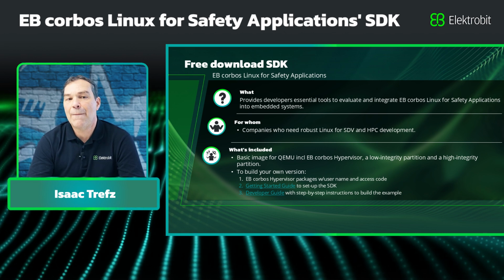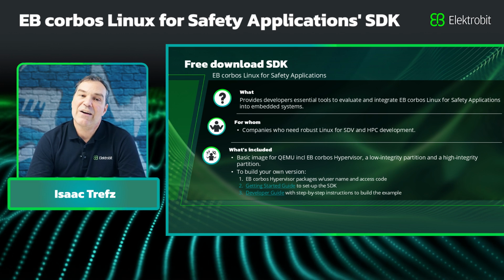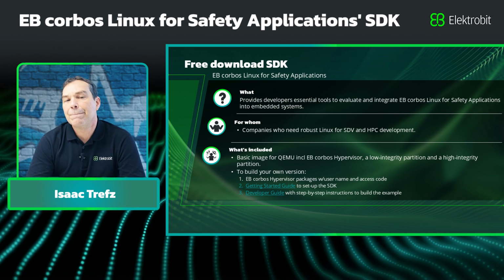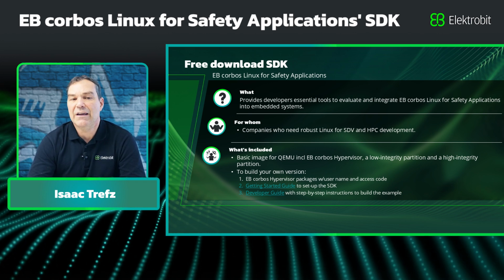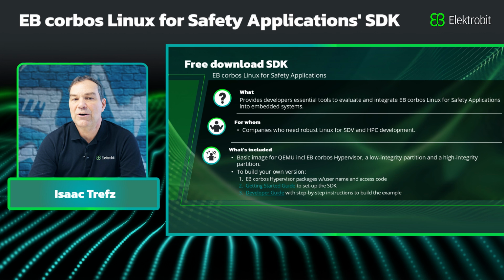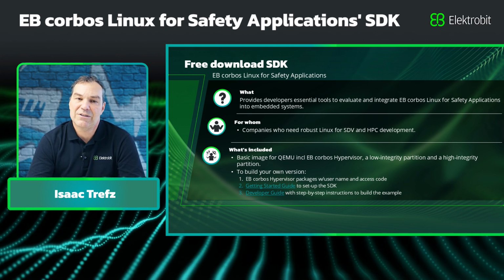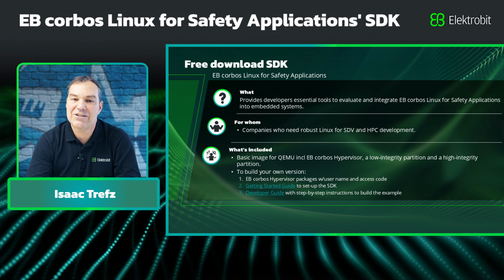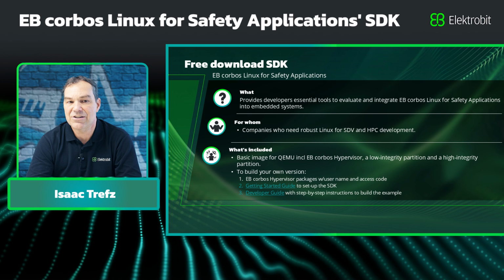Who's it for? It's for companies who need a robust operating system, which is Linux, for their software-defined vehicle and high-performance compute development. And what's included, you get a basic image for the QEMU emulator, including the Elektrobit Corbos hypervisor, a low-integrity partition, where you would run your non-safe applications, and a high-integrity partition where you would run your safe applications.